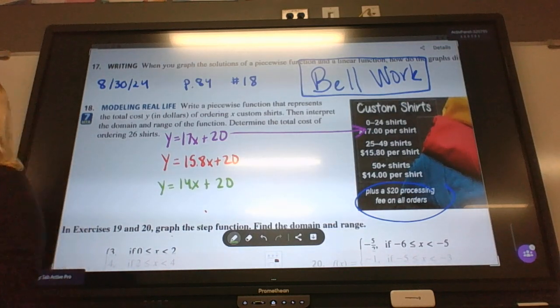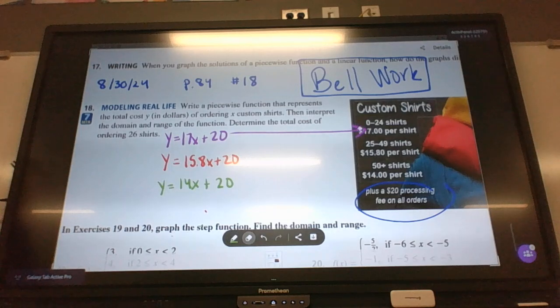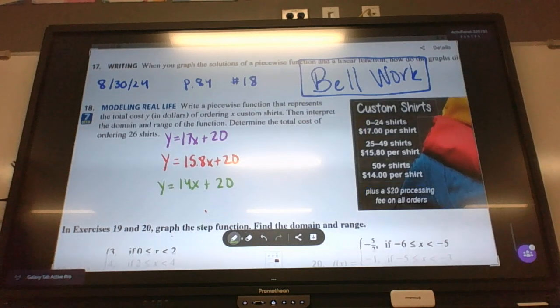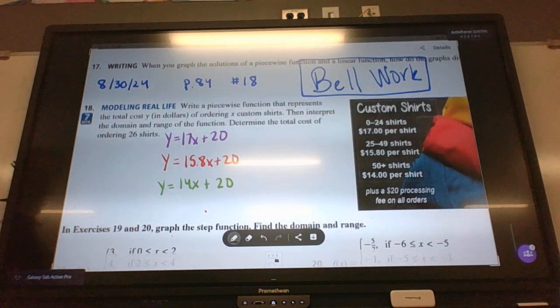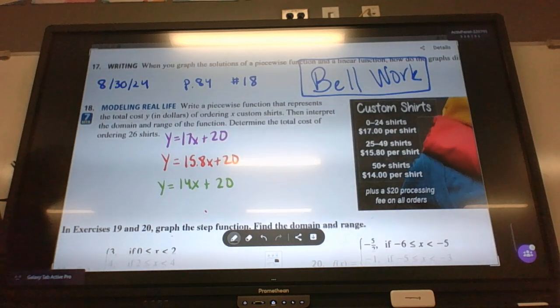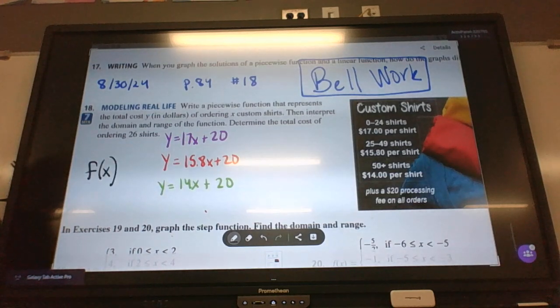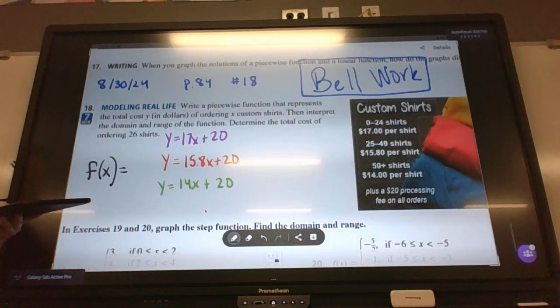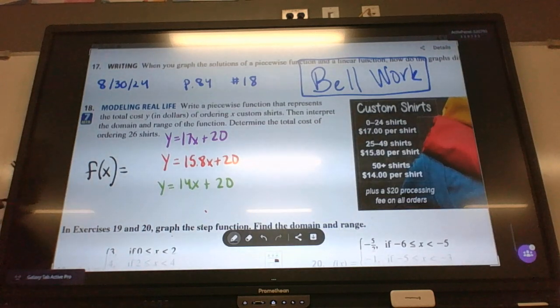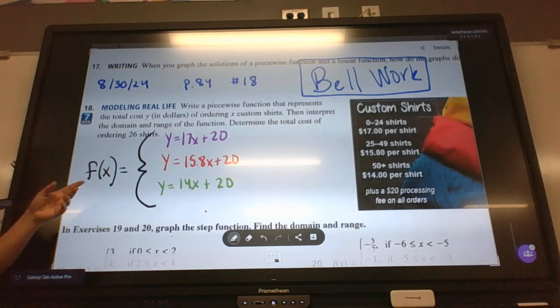Any questions? All right, so now we have to get into making this a little bit nicer, making it fancier, like a real piecewise function. So the only thing I'm going to do there is write f of x equals, and then I'm going to do a fancy bracket to include them all, just like we've seen. So that's a parenthesis, a point, and a parenthesis.